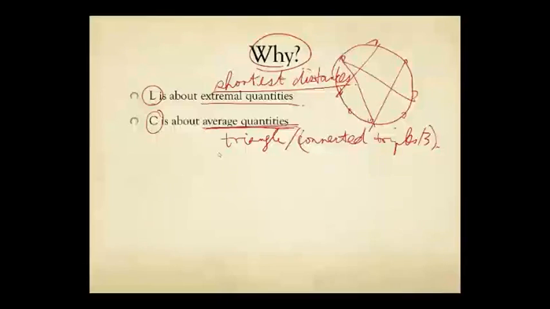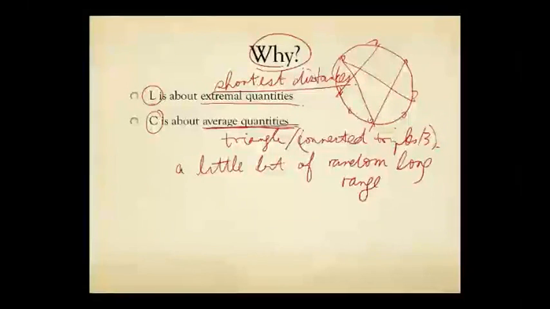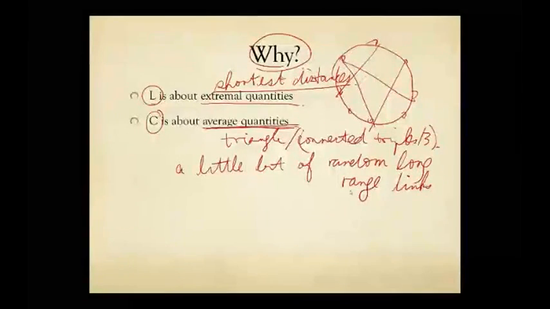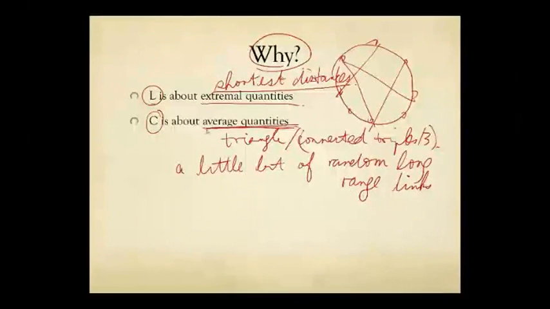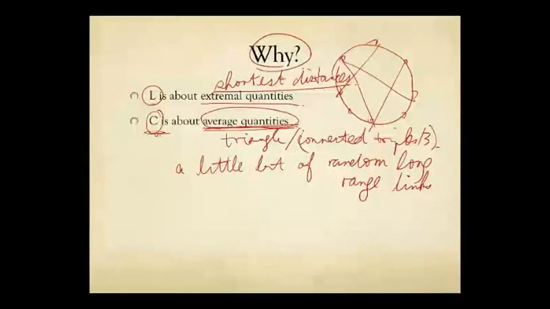And there lies the fundamental reason why the Watts-Strogatz graph, or the idea of a little bit of randomization, a little bit of random long-range links, suffices. The reason is because a little bit of randomization leading to some long-range links is not enough to destroy an average quantity, and therefore you still maintain the large clustering coefficient of a regular graph.